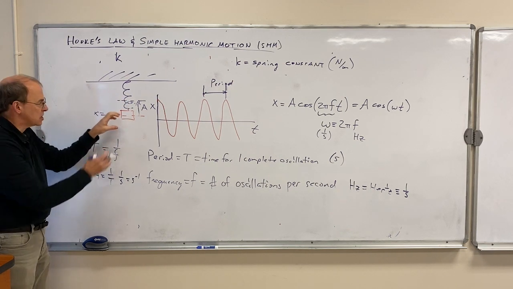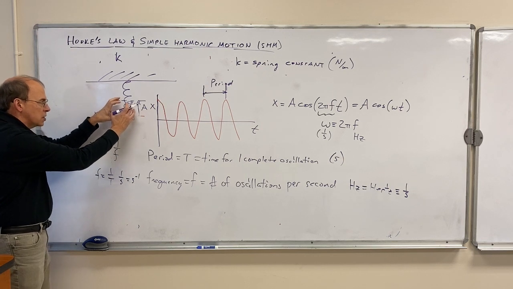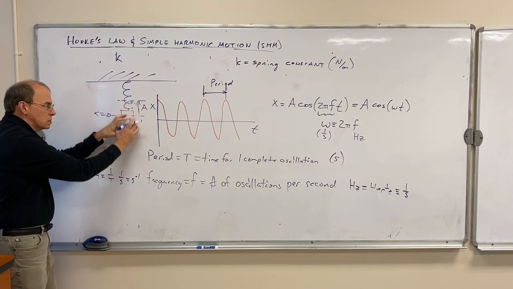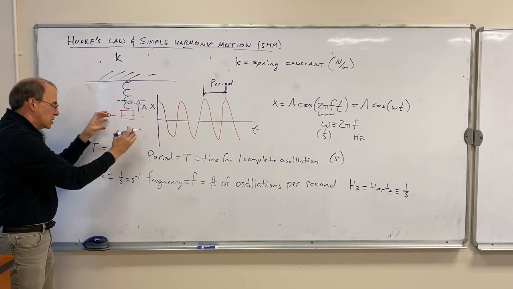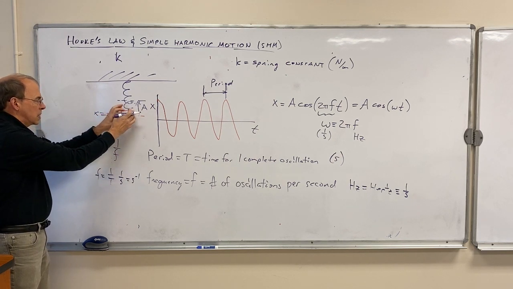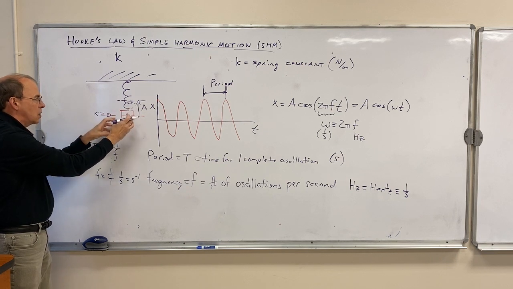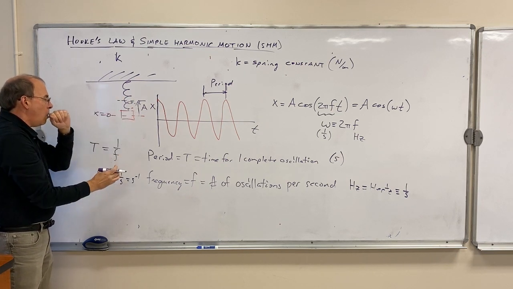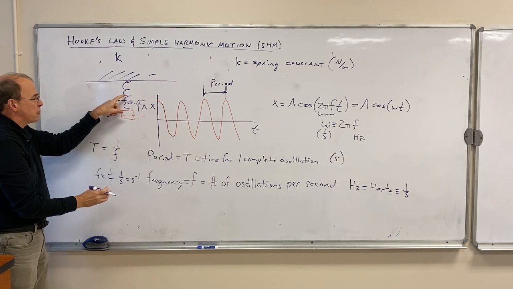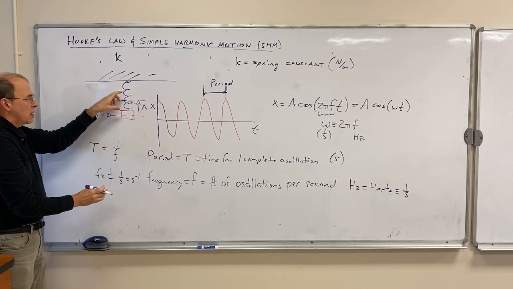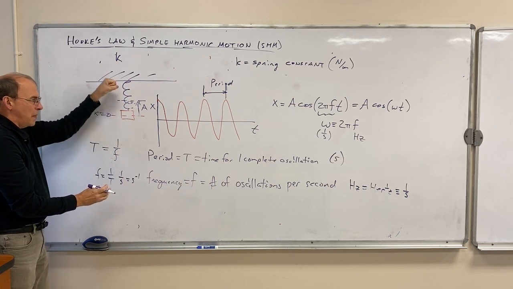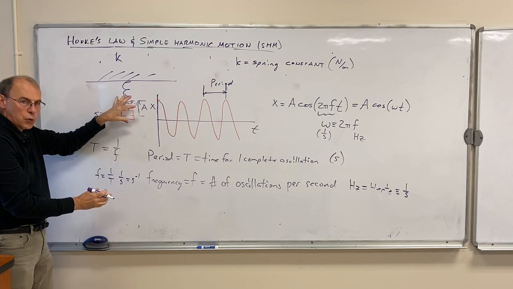If this gets heavier and heavier, it would get really sluggish, hard to go up and down. So expect that as this gets more massive, the period gets longer. As the spring gets stiffer, it's easier for the spring to pull the mass up and down, and the period gets shorter.